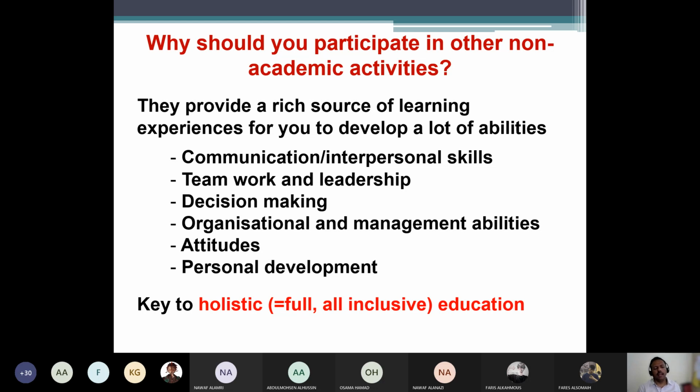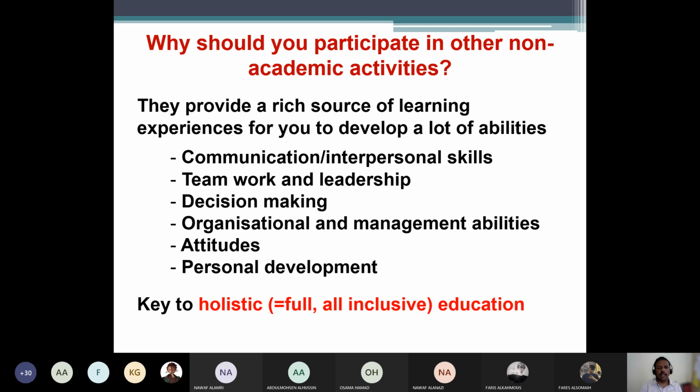One more important thing, you have to have some extracurricular activities other than your college activities. Why should it be there? Because these extra academic activities will improve your communication skills, your teamwork, your decision making, your organization skills, attitudes, and personality development. So this is required.